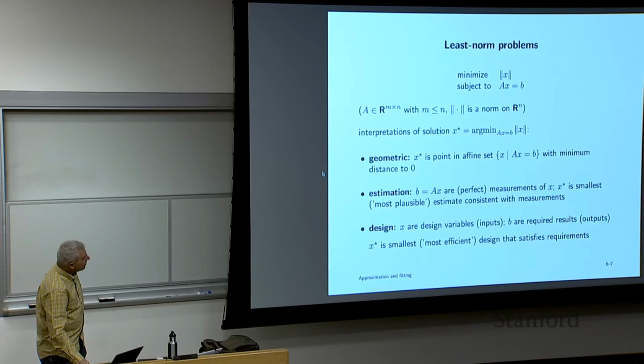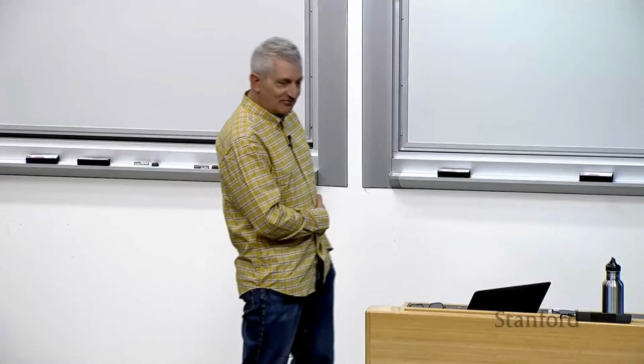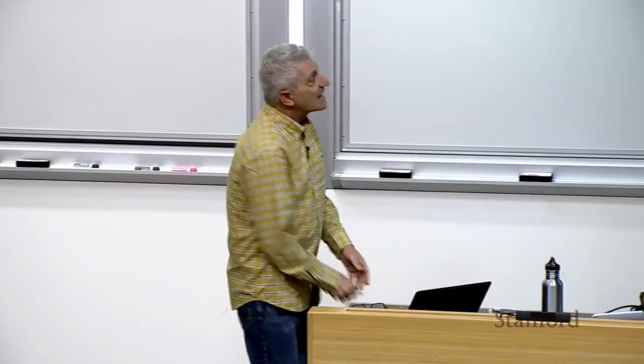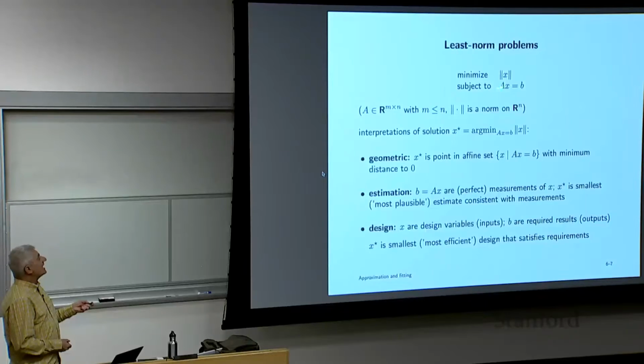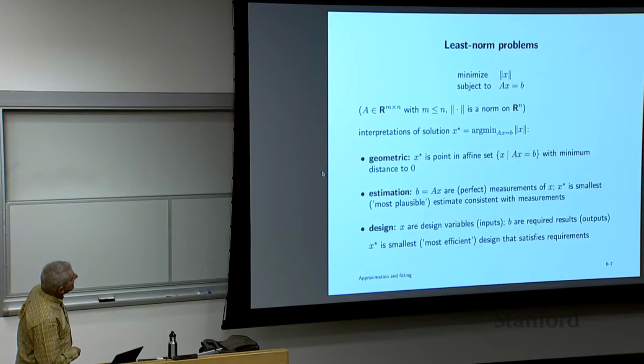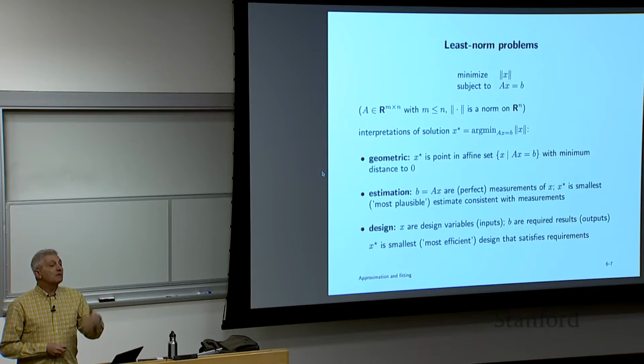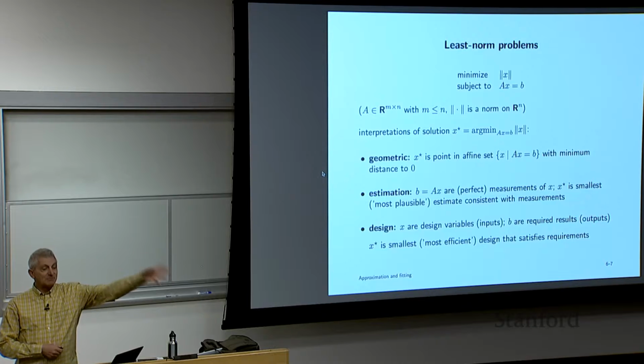We looked at least norm problems where basically the same story happens. But now you can kind of guess a lot of stuff. If, for example, x is a sequence of forces that you apply to something, let's say Ax equals b says, make me a trajectory of forces to put every 20 milliseconds on this rigid body to move it from this position to that position, right?